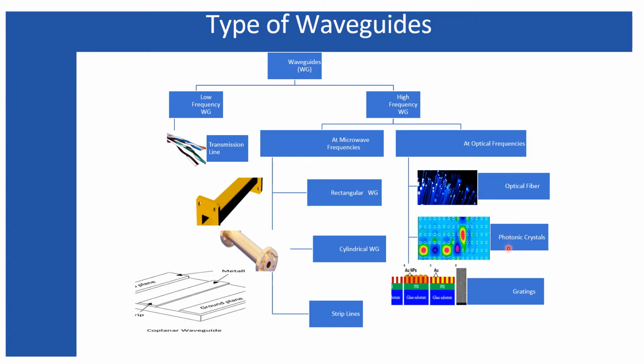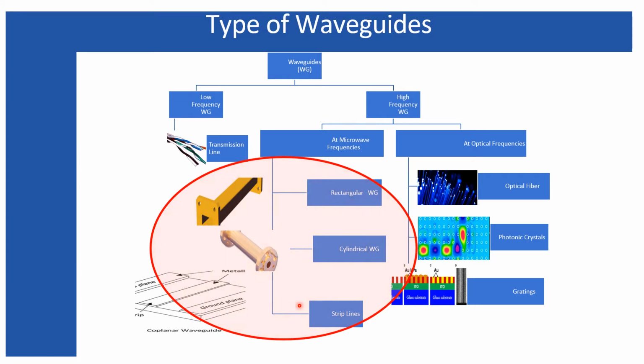Next, the more recent ones are the photonic crystals and the optical gratings. Not only these three, there are lots of optical waveguides. But in this particular lecture, we are going to discuss the microwave frequency range, which mainly consists of rectangular, circular or cylindrical waveguides, and the strip lines. So that will be discussed over here.